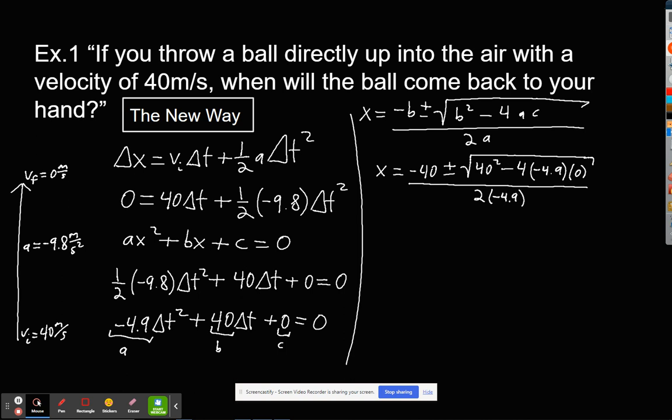Now I can simplify this quite a bit before I break it up and solve it once for the positive and once for the negative. x will be negative 40 plus or minus the square root business, which I could toss into a calculator.